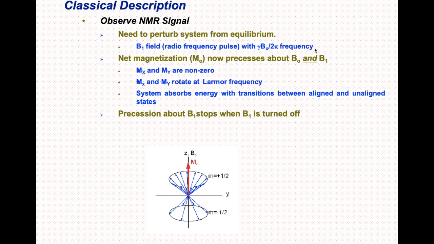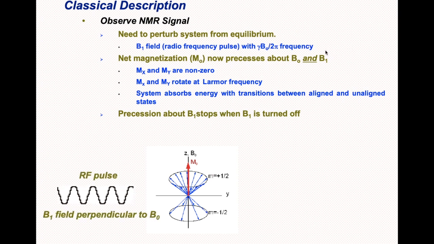This is generally done through what is referred to as a receiving coil and a transmitter coil. They are pointed along the x and y axes. The general convention is that the RF pulse is applied along one direction through the coil, and then along the other direction one can observe the NMR signal.